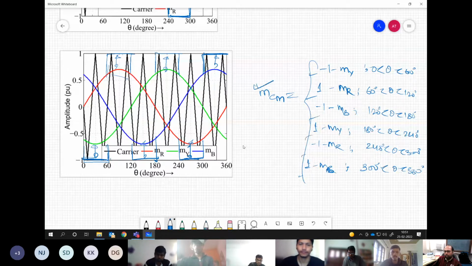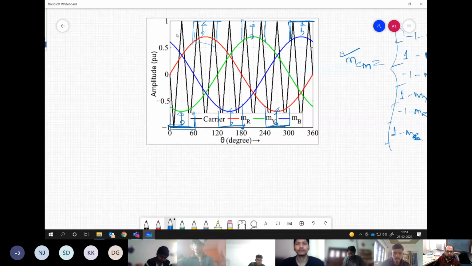Now how this common mode will look like actually? It will look like, I can draw here. So for this portion, it will be something like this. Then for this portion, it will look something like this. Then for this portion, it will look something like this.